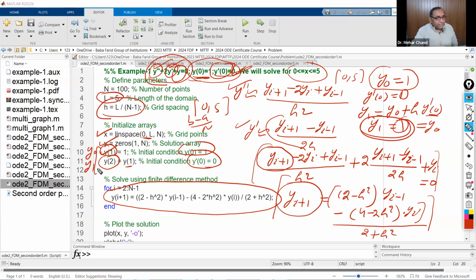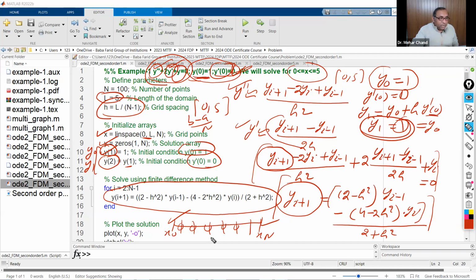So we have the index i equal to 1, i equal to 2, and now we will use a for loop to compute the other values of y. We need to compute only the internal points. If this is the interval, x0 and here is xn, we need to compute the values corresponding to these points only. This is the initial point and this is the last point.